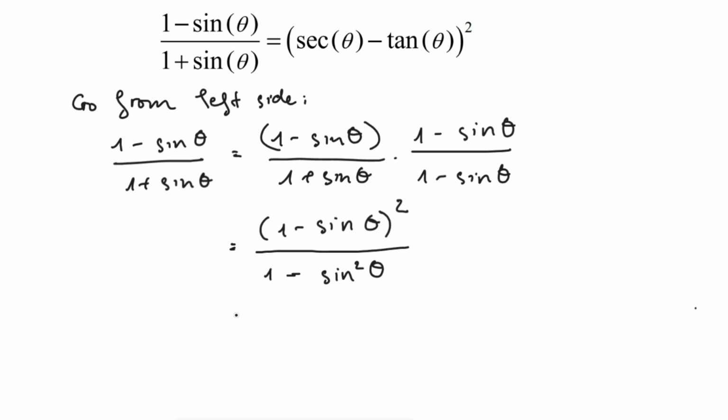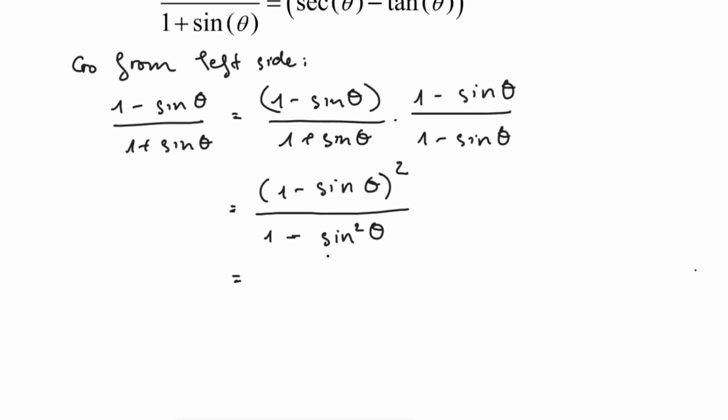Alright, so from here, the denominator is 1 minus sine square, which equals cosine square.